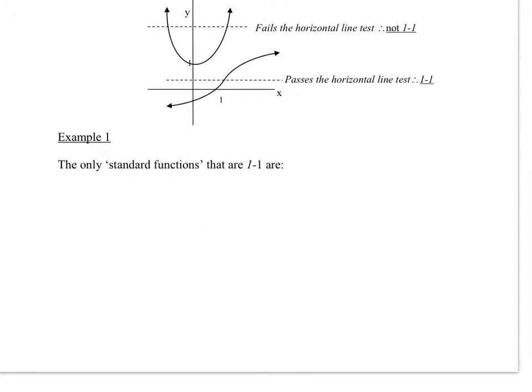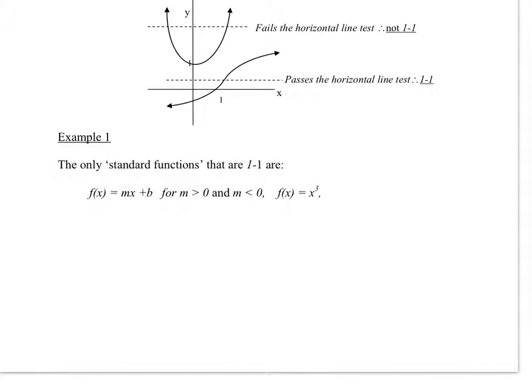If you remember, there was a sheet that you were given with all the standard functions, y equals x squared, y equals absolute value of x, y equals mx plus c, and so on. The only standard functions that are one-to-one are a straight line. If you have a straight line, you can imagine that a horizontal line will only go through it in one place.